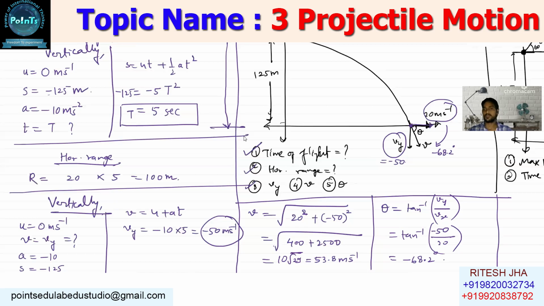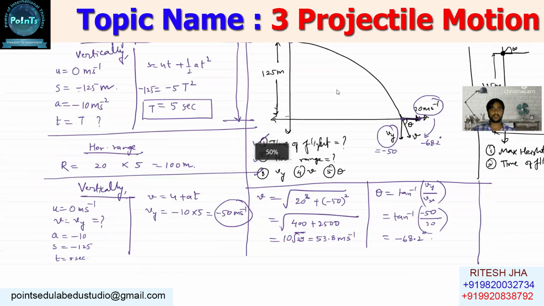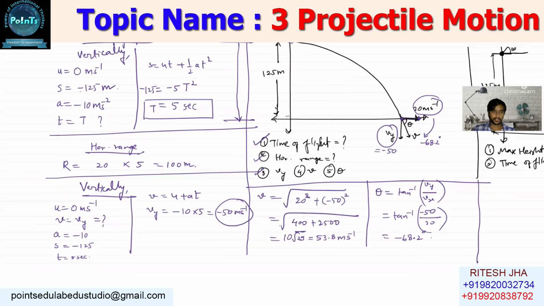If you talk about just the magnitude, it is 68.2 degrees. I hope you understood each and every part of this question. Yes, I did understand it. It's a bit difficult to get my head around because it's quite big with different steps. But once you split it into find this, find this, find this, I can quite easily understand what you have to do to get what.